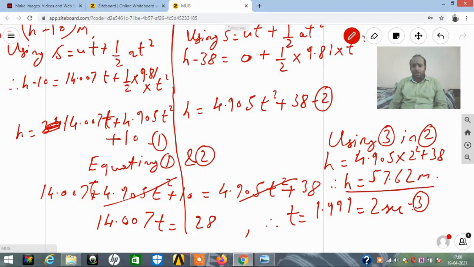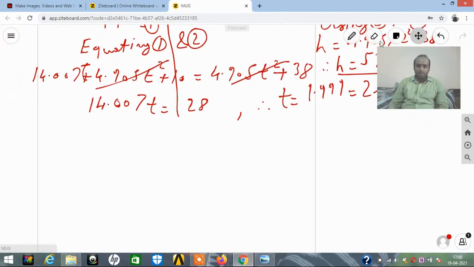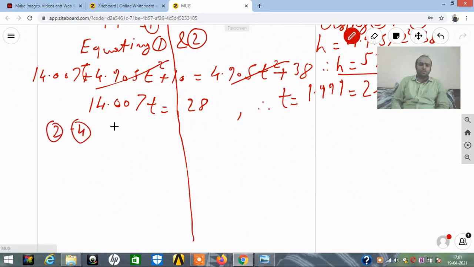Now we have got the value of time, so we can proceed ahead to get the value of the final velocity. So how do we get that? Let us check. Now, motion from 2 to 4 for the first stone, and motion from 3 to 4 for the second stone.